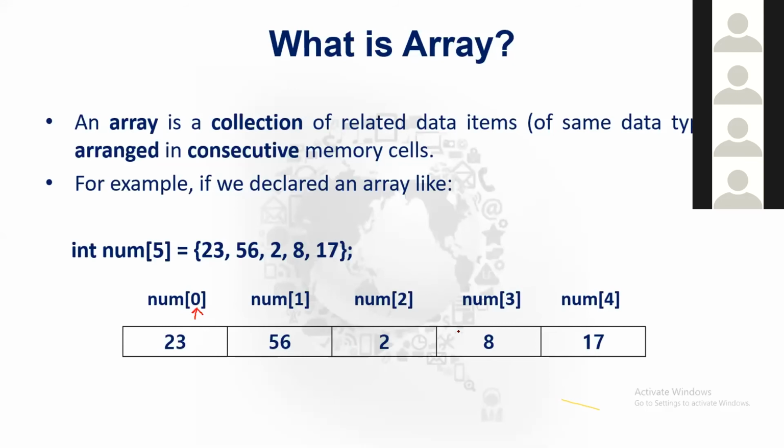Then if you look at, let's say, the 8 in this num, its location is 3. So all of these numbers follow in sequence. This is what we call the index.